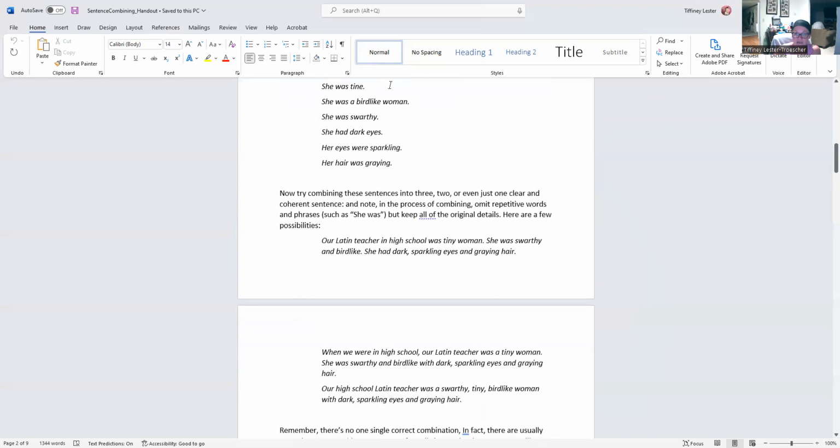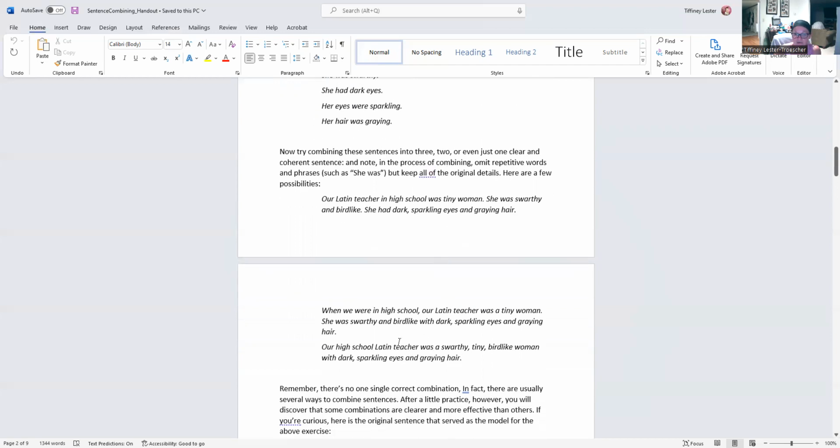But tiny, bird-like, and swarthy all describe her body shape, her body appearance. So why not combine these adjectives all together, just like we combined the 2 adjectives about her eyes? Our high school Latin teacher was a swarthy, tiny, bird-like woman with dark, sparkling eyes and graying hair.